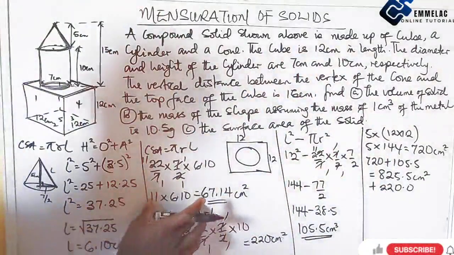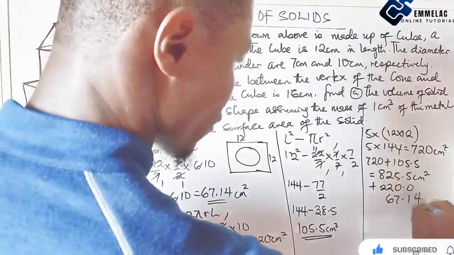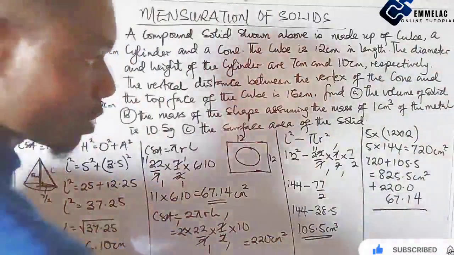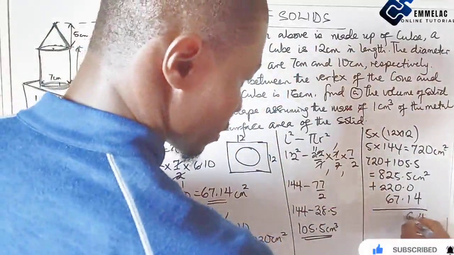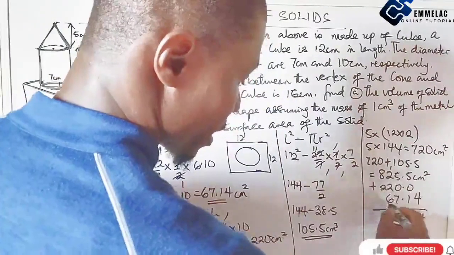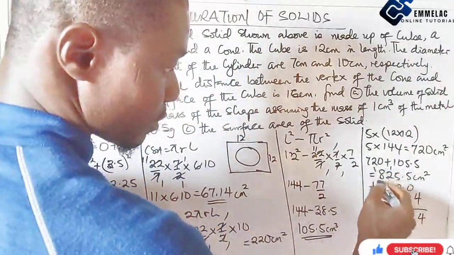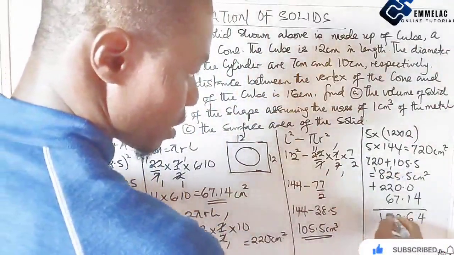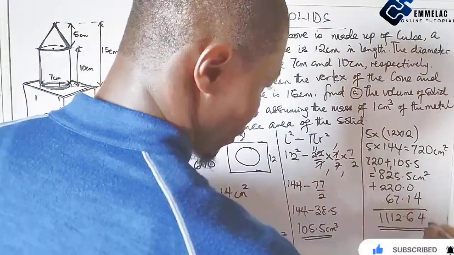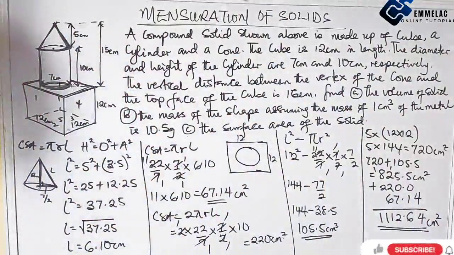Now for the cone, we have 67.14. So that is the surface area of the solid, and that's the final solution to all the questions.